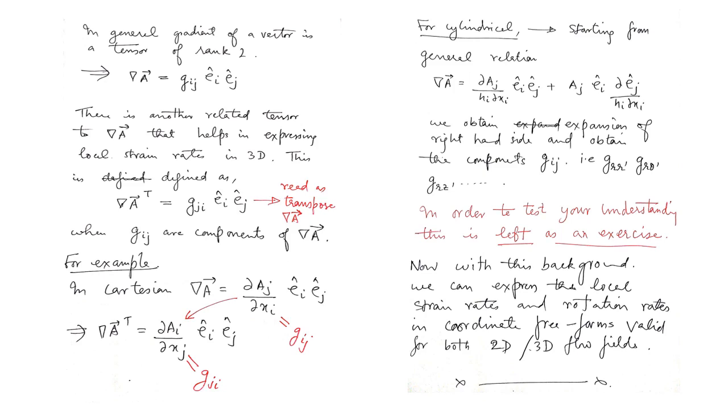So for the diagonal components it won't matter, they would be the same, but whenever i is different from j, for example, consider i equal to 1 and j equal to 2, while the gradient of a vector has the component g12, the transpose of the gradient of the vector has the component g21.